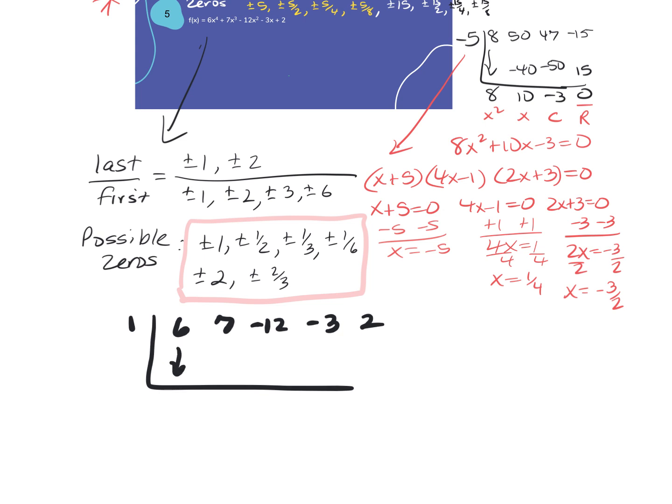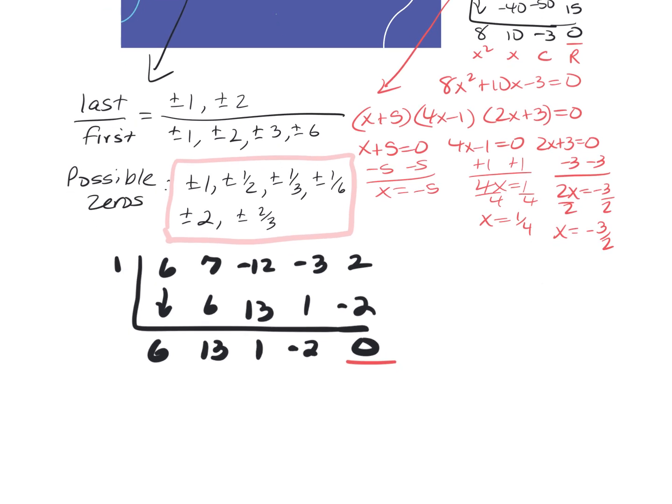Bring down, multiply, add the column, multiply, add the column, multiply, add the column, multiply. Notice if you were guessing and testing without a graphing utility, then if this was not a remainder of 0, then 1 would not have been a solution here.